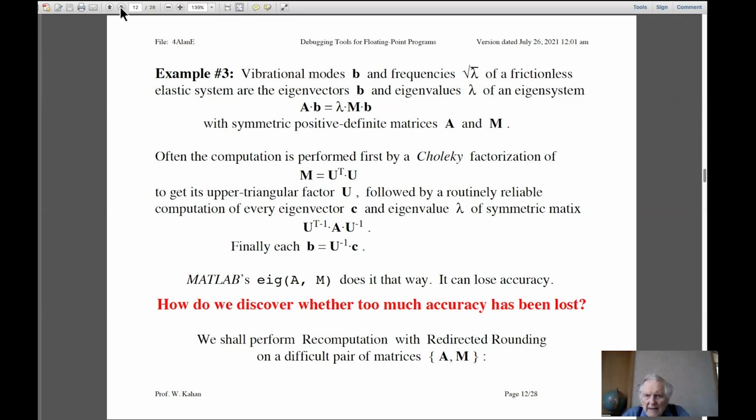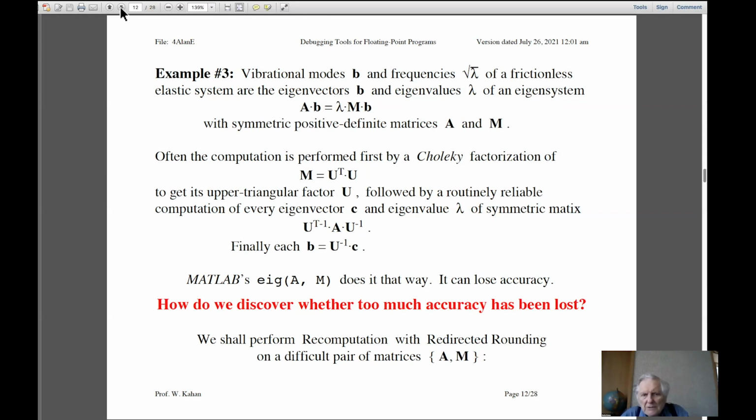The 2 matrices A and M are both symmetric and, for stable situations, positive definite. Those matrices can be factored. We factor the matrix M into a product of triangular matrices. U is an upper triangular matrix.